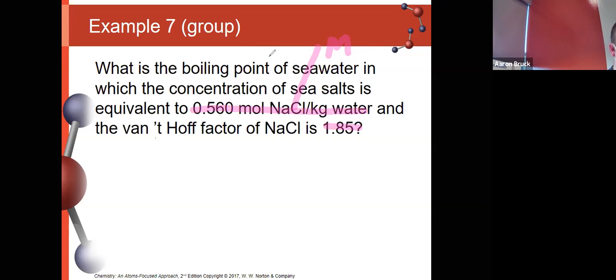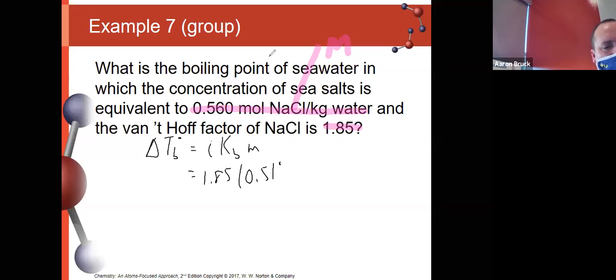So the equation here, delta TB is equal to i times Kb times molality. My i here is 1.85. Kb for water, it's not given here. It's on one of the previous slides. It's 0.51 degrees Celsius per molal.